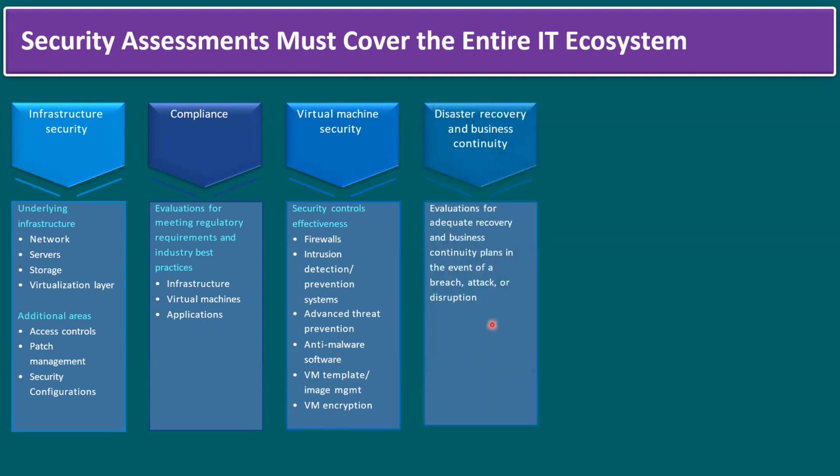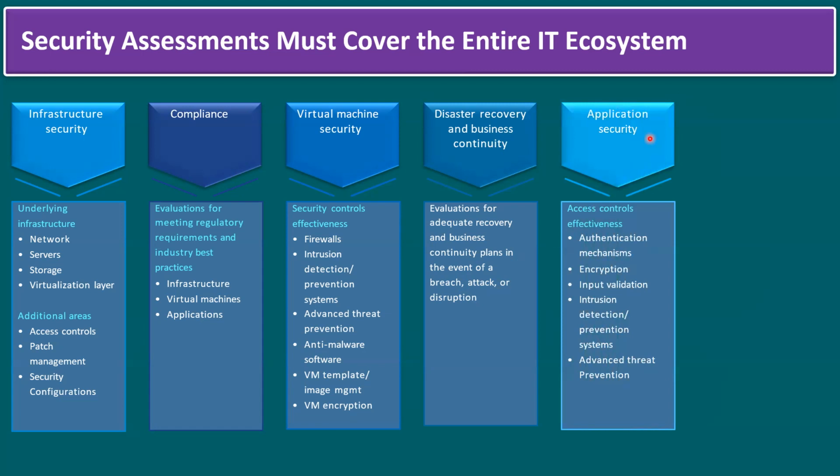Another assessment item is disaster recovery and business continuity, in short DR and BC: evaluation for adequate recovery and business continuity plans, BCP, in the event of a breach, attack, or disruption. And application security: access control effectiveness, authentication mechanisms, encryption, input validation, intrusion detection and prevention systems, and advanced threat prevention.